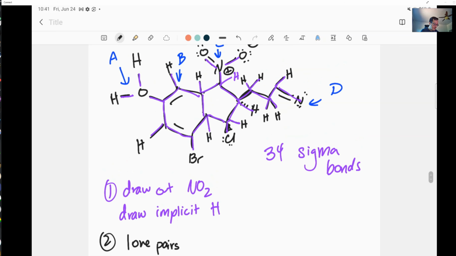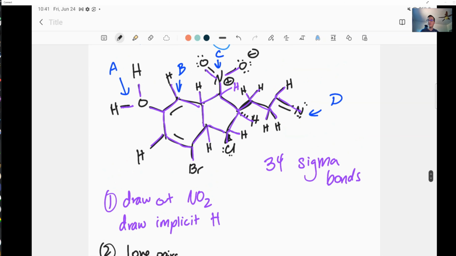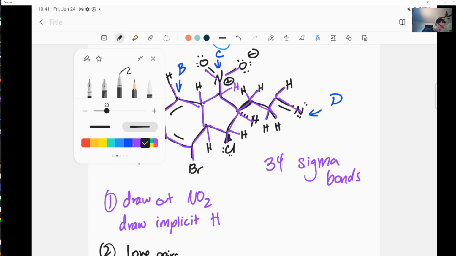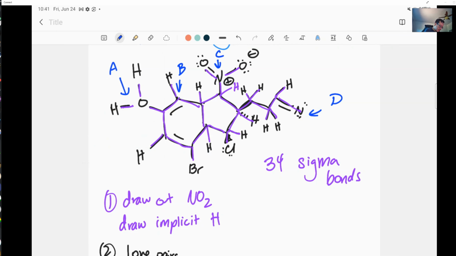This question also says that lone pairs aren't shown, which is a little weird because on 2 of them they are shown. So we'll assume the rest of them have enough to make octets. We're missing a lone pair on the oxygen. We're missing lone pairs on the bromine, or rather, 3 lone pairs on the bromine. We're going to assume that chlorine and the other nitrogen have already been drawn out the way they are in the original structure, so we'll leave those alone.